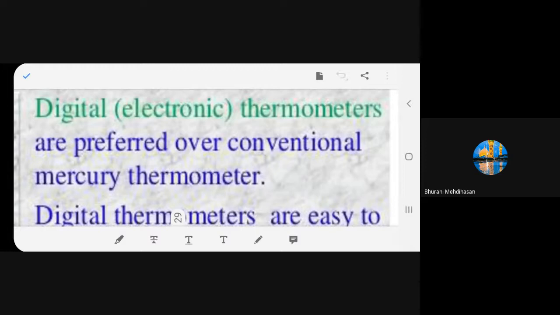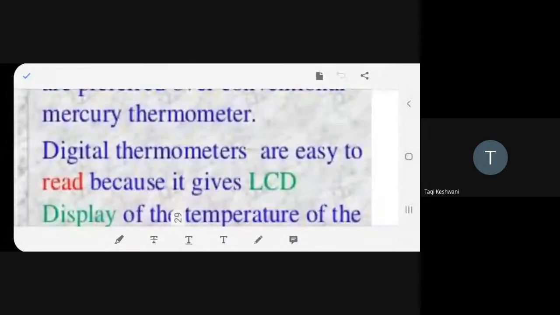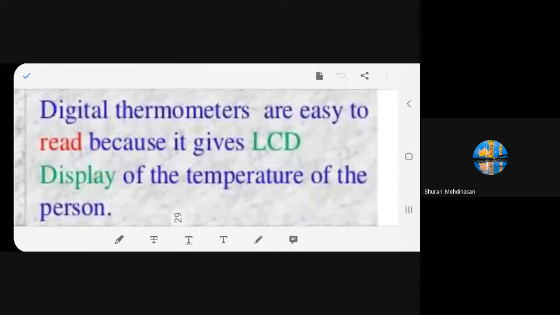Digital electronic thermometer are referred Preferred over over referred over conventional. conventional mercury thermometer. Digital thermometer are easy to read because gives Gives LCD.